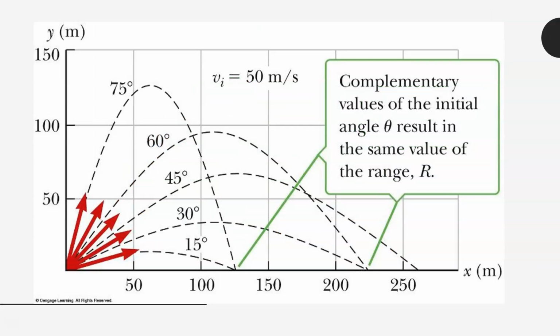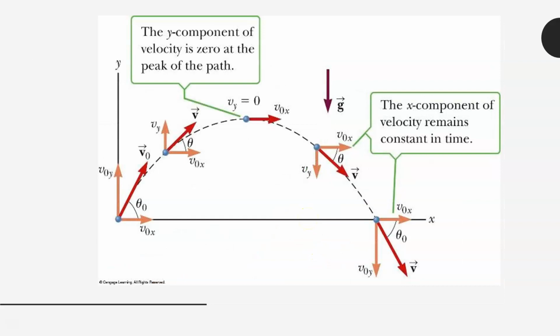So this figure shows the effect of various initial angles. Notice that complementary angles give the same horizontal range. Right, so in general, our equations of constant acceleration follow separately for both the x direction and the y direction. Notice that the initial velocity over here has two components.